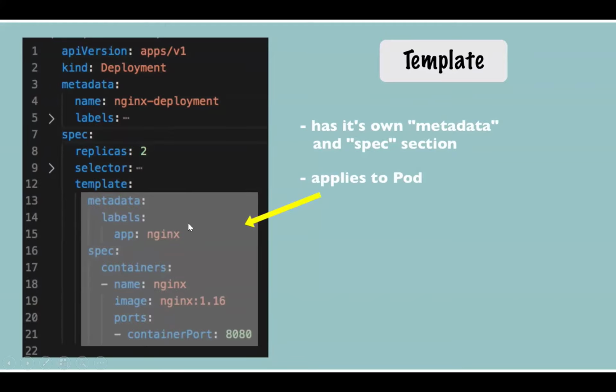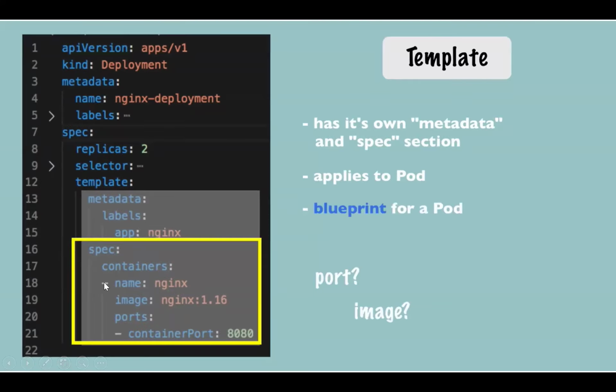Okay, so this label applies to the pod. It will get matched with the pod one, the pod label. And this part actually creates your image along with which port number. So it's a blueprint of your pod. Since one pod I'm creating contains one container inside it. Clear?